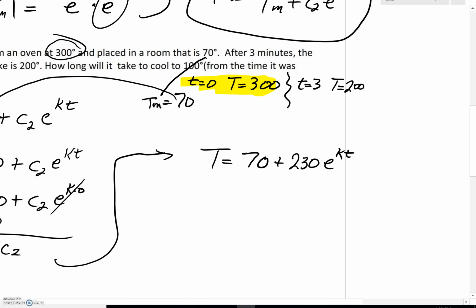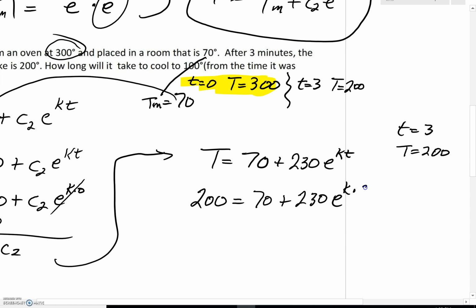But what we are going to do now is we're going to say, you know what? There's this other data point that we could use. And I could plug in a temperature of 200 degrees. And I can say, you know what? That occurs 3 minutes after the cake was taken out of the oven.